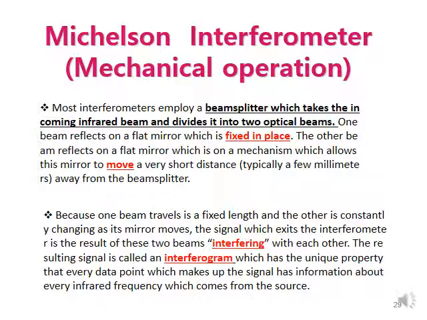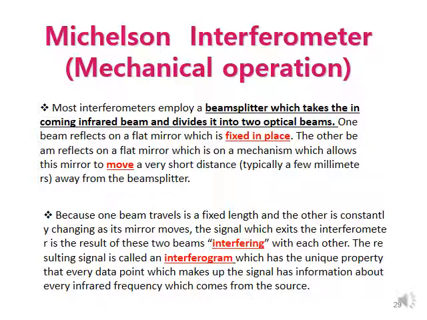Because one beam travels a fixed length and the other is constantly changing, the signal which exits the interferometer is the result of these two beams interfering with each other.